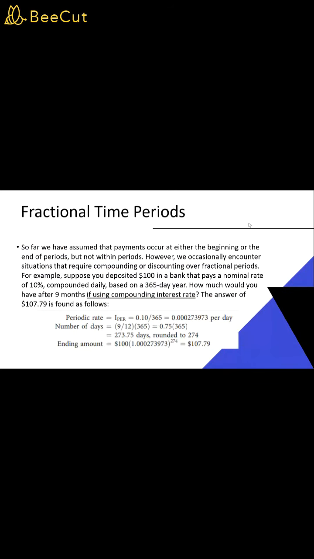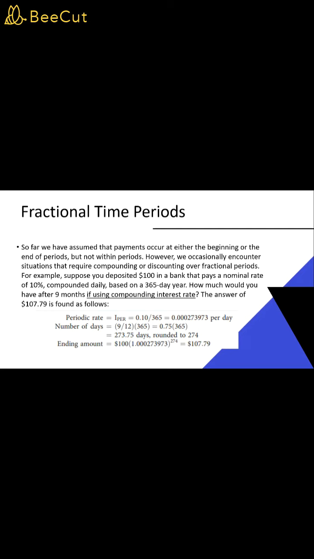Okay, so far we assume that payments occur either at the beginning or the end of every period. We spoke about annuity dues and ordinary annuities, and we saw that in either case payments were made at the beginning or at the end of the period. But we've never really spoken about a situation where a payment is made in the middle of a period, or within periods.